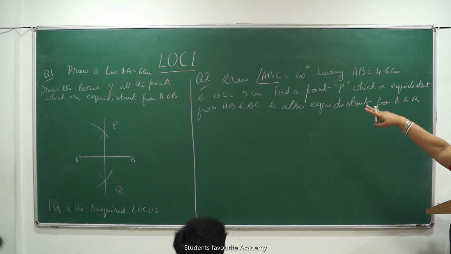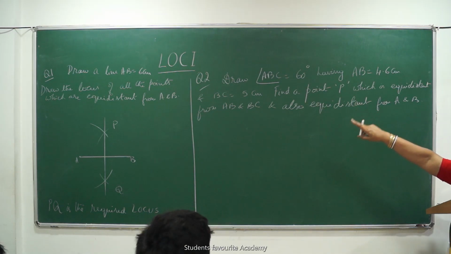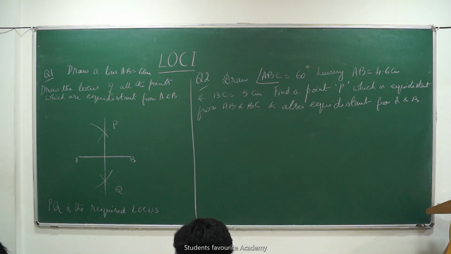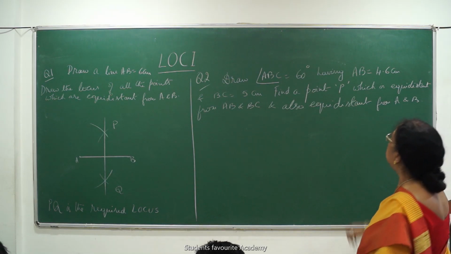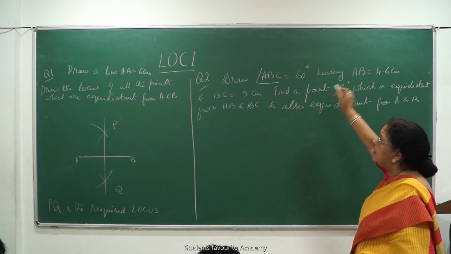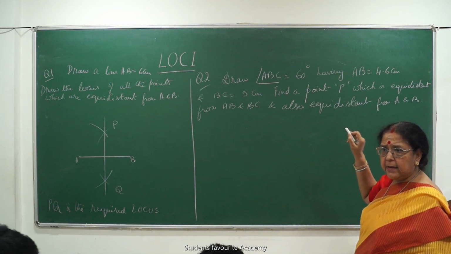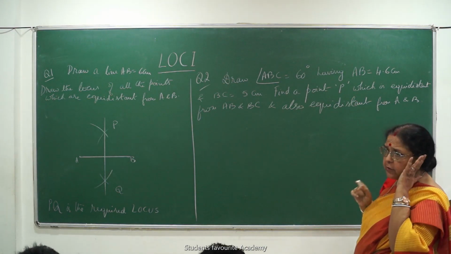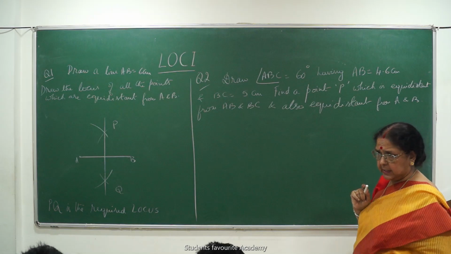And they are arms of the angle ABC. That means they are 2 intersecting lines. So P will lie on the angle bisector of angle ABC because it has to be equidistant from the 2 intersecting lines AB and BC.